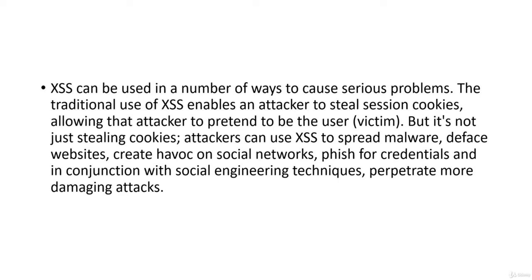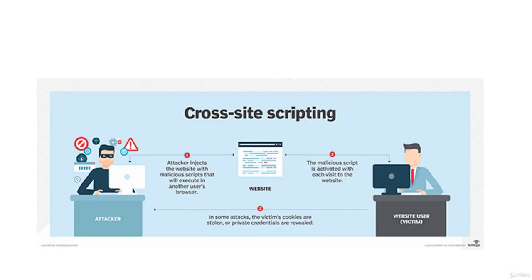XSS is a simple way to gain access to the victim's browser, but it can lead to dangerous attacks that get access to the servers with SQL injection and critical information from the server. So XSS is a very important attack, and you can see the simple picture here showing what cross-site scripting is.